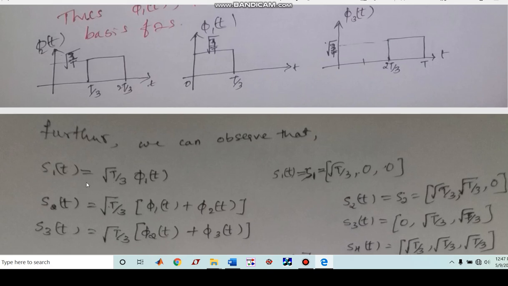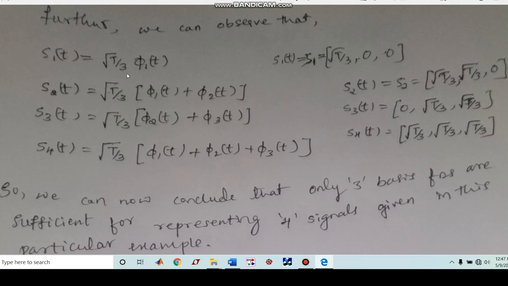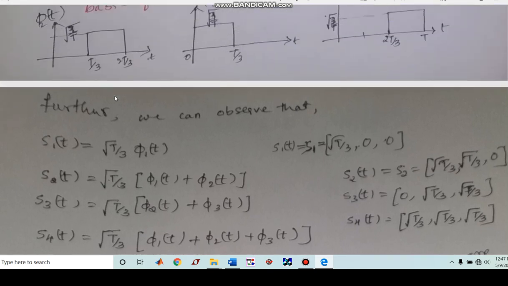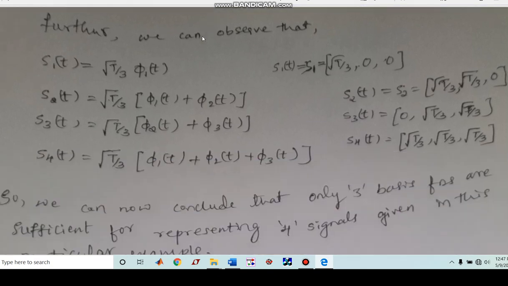So S1 of t is produced. You can see it in this slide. Next, S2 of t can be generated by adding phi 1 of t and phi 2 of t and multiplying by square root of t by 3. Then the square root of 3 by t will cancel out and we get S2 of t.